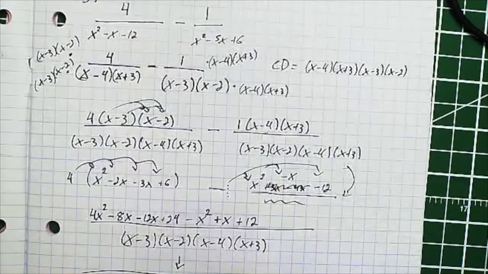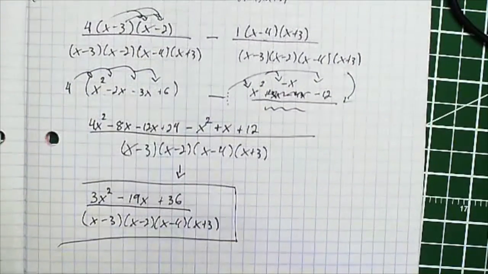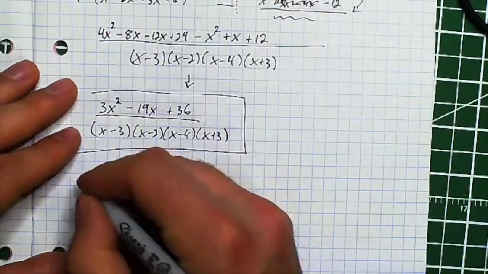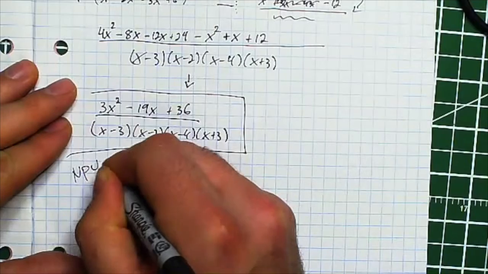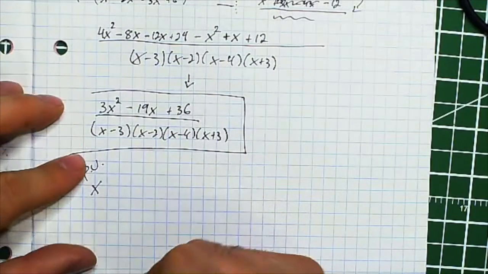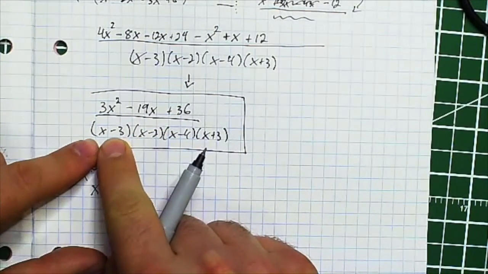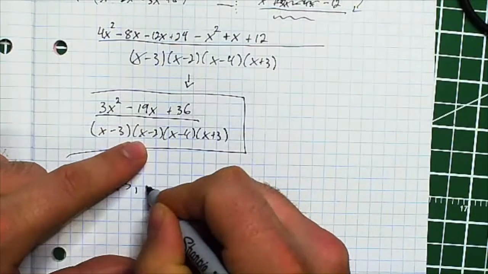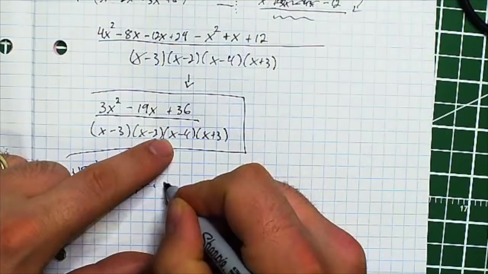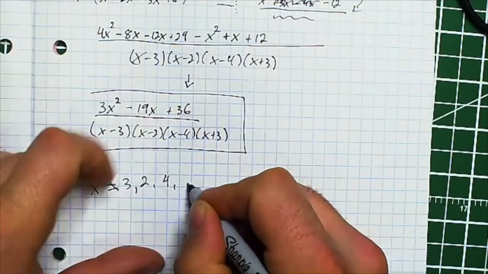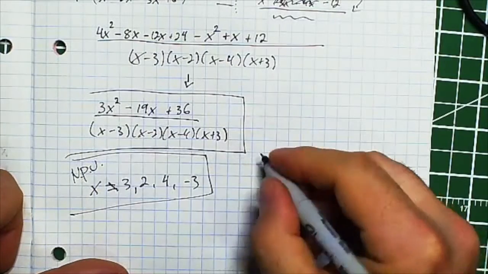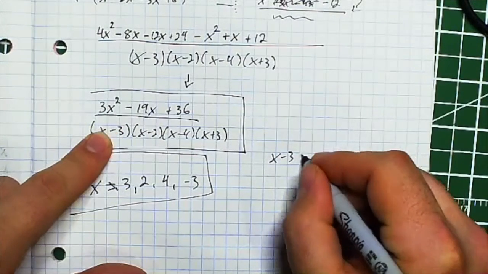So the math isn't any harder than what you did in grade 9 and grade 10. There's just a lot more of it, and if you don't slow down and distribute things properly, you're going to get lost. The last part of this is the non-permissible values. Basically, x cannot be anything that makes your denominator zero, in which case x cannot be positive 3, positive 2, positive 4, and negative 3.